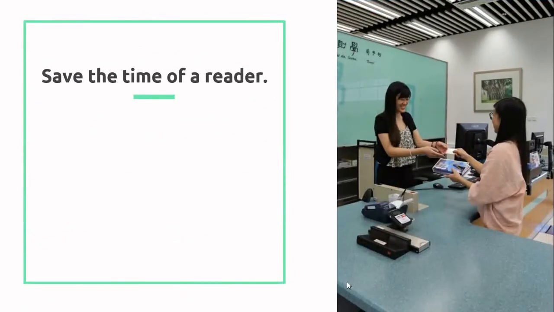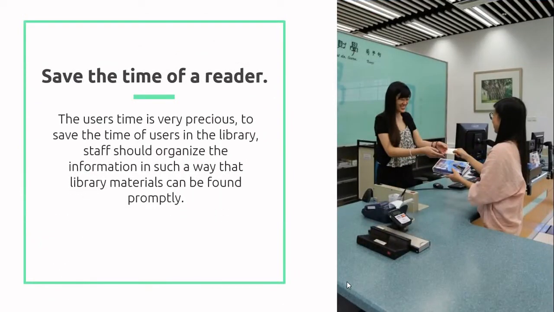Next is to save the time of a reader. The user's time is very precious. So to save the time of the users in the library, staff should organize the information in such a way that library materials can be found promptly.